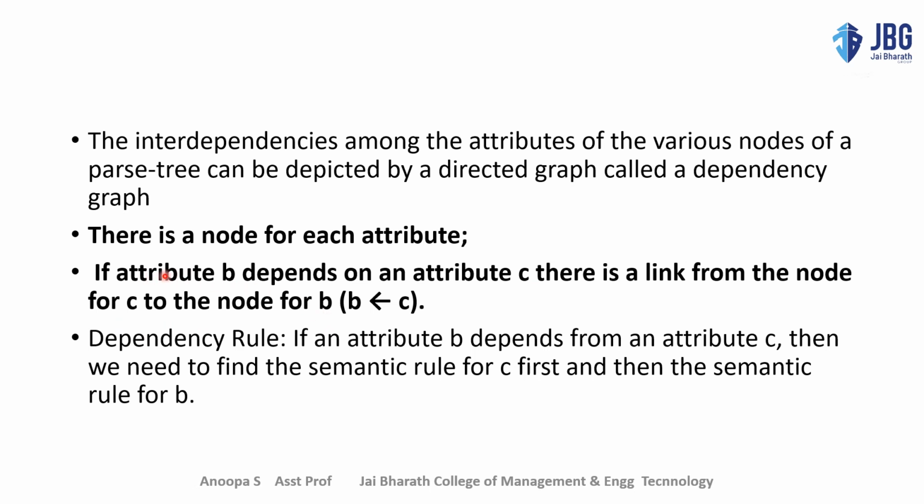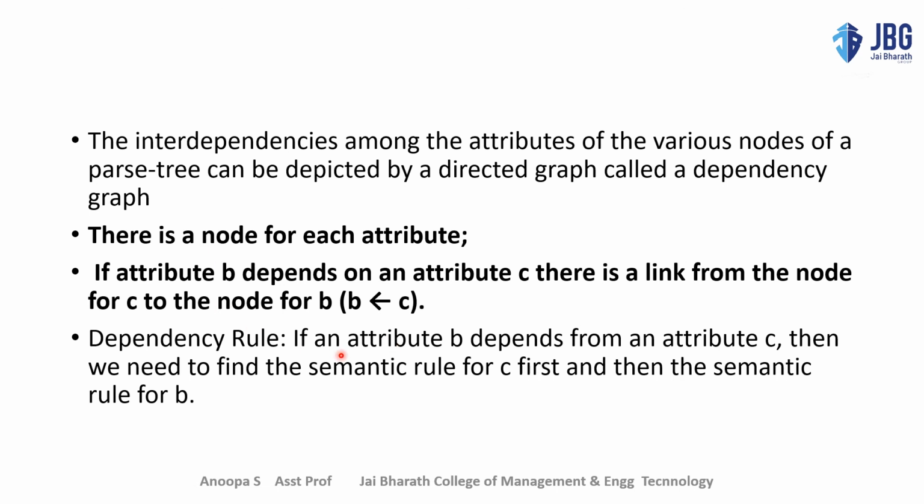If attribute B depends on an attribute C, only after evaluating C will I get the value for B. So there will be a link from node C to node B. It can be taken as the value of C being passed to B. So attributes will be represented as nodes, with arrows denoting which one has to be evaluated first.